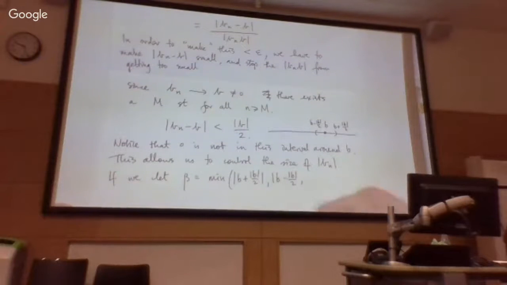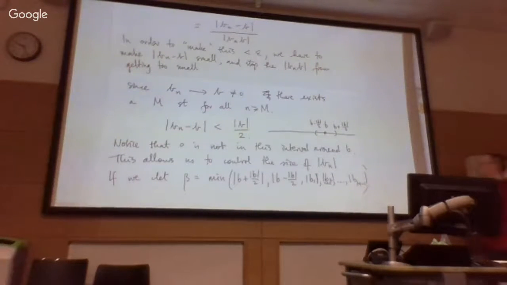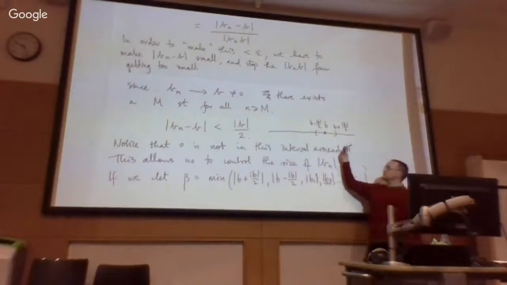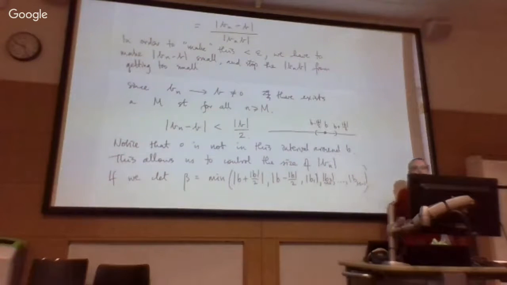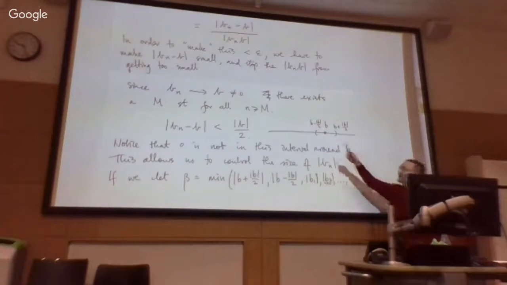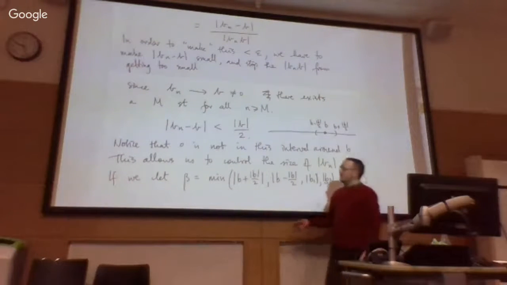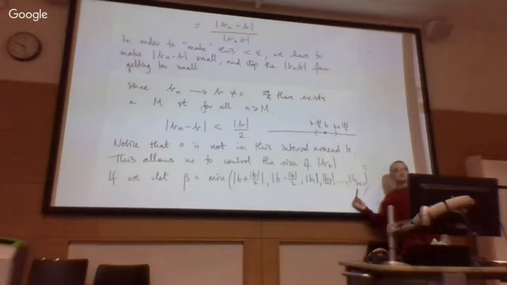So I'm going to take the smaller of those two, and the minimum over all the absolute values of B1, B2, all the way up to B capital M minus 1. These are the ones that might be outside the interval. I know everything past the point M is inside this interval. The point is, I'm now taking the minimum of a finite number of things.